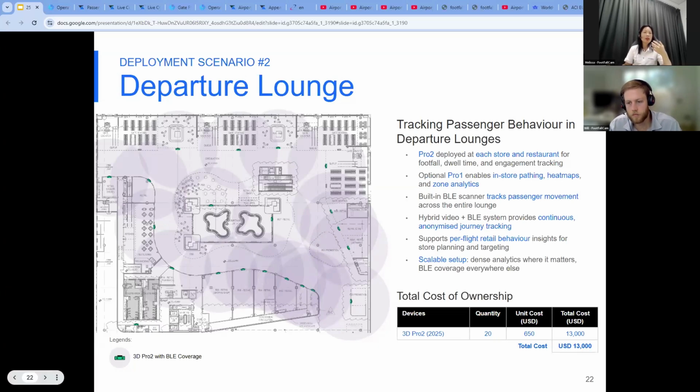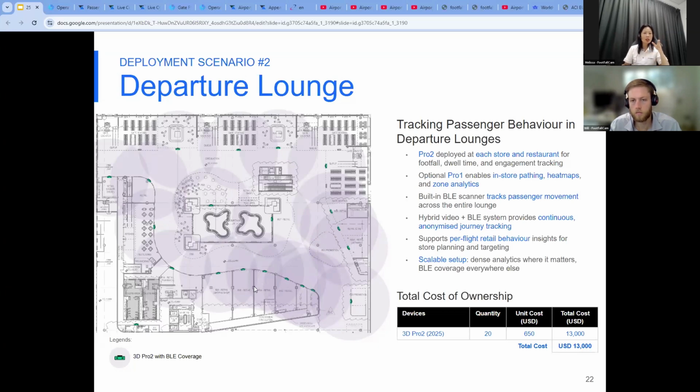So this fusion of video-based ground truth with the Bluetooth trajectory tracking gives us a very powerful hybrid approach. While the Bluetooth signals provide continuous coverage and passenger movement data throughout the entire premises, the video analytics then give it the context, verifying the ground truth, enhancing the reliability, and enabling the AI re-identification across the touch points.